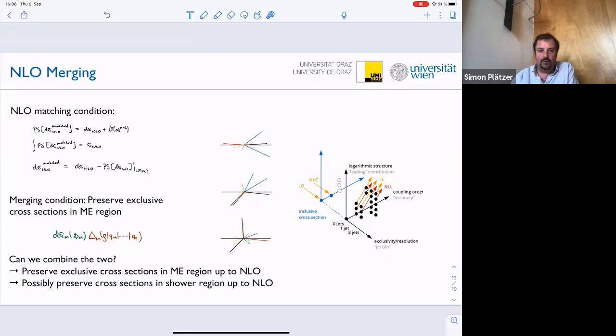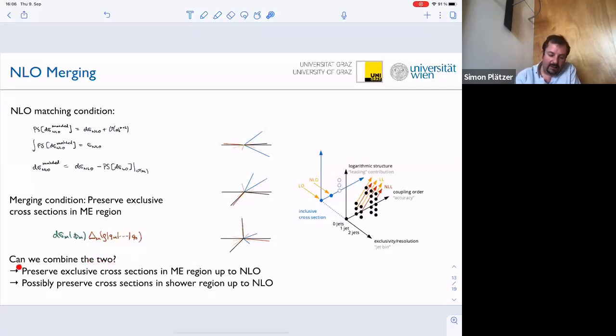So the NLO cross-section, which we need to define here, will need to include a resolution criterion, which we actually can pick to be that jet resolution itself, such that we can talk about an exclusive next to leading order cross-section by which we want to replace this exclusive leading order cross-section. And that is the starting point to define next to leading order merging.